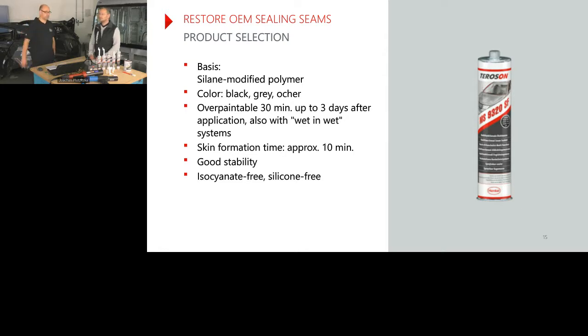Of course, this product is overpaintable, MS9320SF from Teroson. Overpaintable, also wet in wet, that means fast and possible, but we recommend waiting at least half an hour. And in most body shops, this process is like this. You apply it and you wait, prepare some parts, and then you go for painting. So you have some time in between.